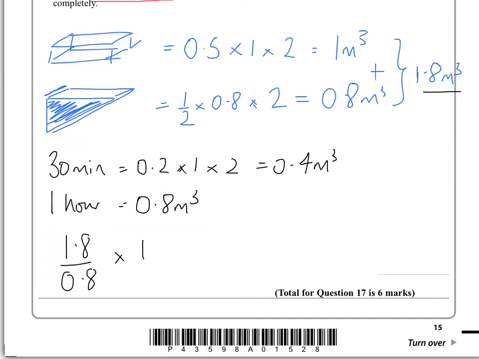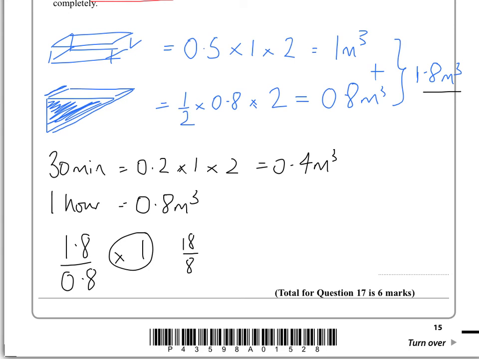Now, since this is a calculator paper, we need to work this out in an easier way. 1.8 divided by 0.8 is exactly the same as 18 divided by 8. And we can forget the other part because it's just multiplied by 1, so it will always be the same.